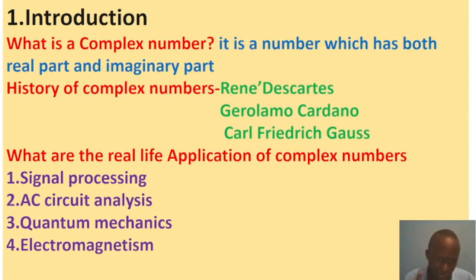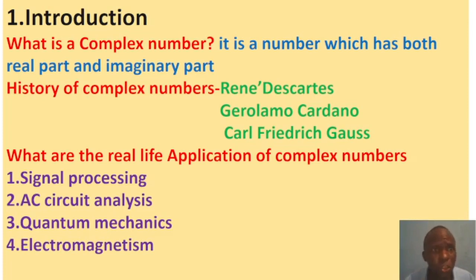So you can now see how important complex numbers are. Those are just a few applications. There are so many, but so that we can see how it is used, I thought it wise to focus on only those.